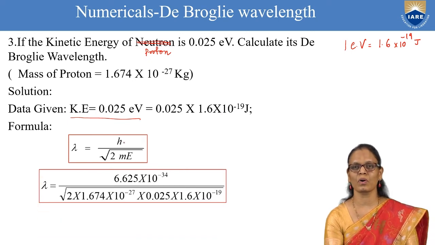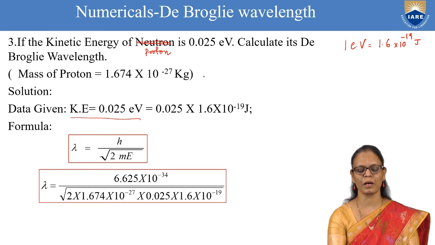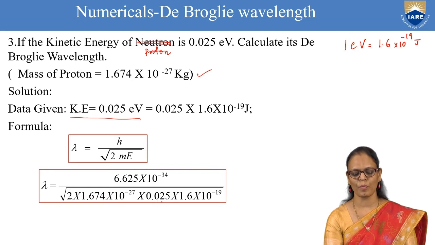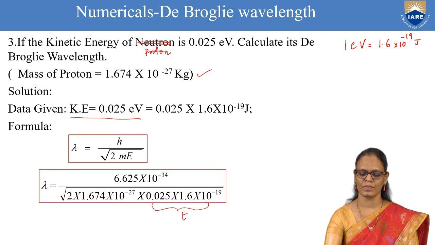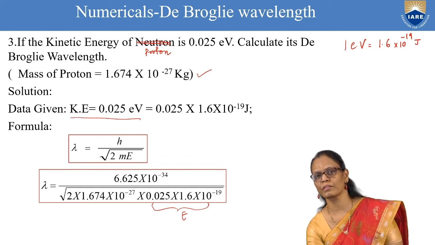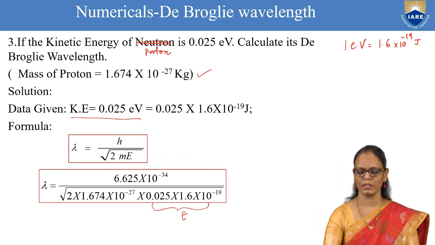The constant value for h is 6.625 into 10 power minus 34, under root 2 into 1.674 into 10 power minus 27, we are getting it from the mass of the proton that is given, into 0.025 into 1.6 into 10 power minus 19, this is the energy. So you get the answer. You can simplify this and get the answer.